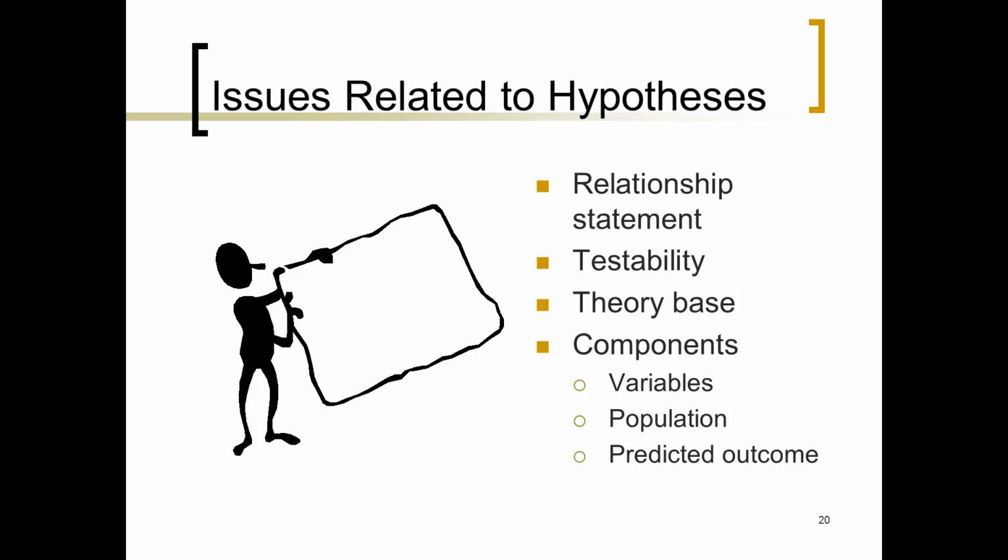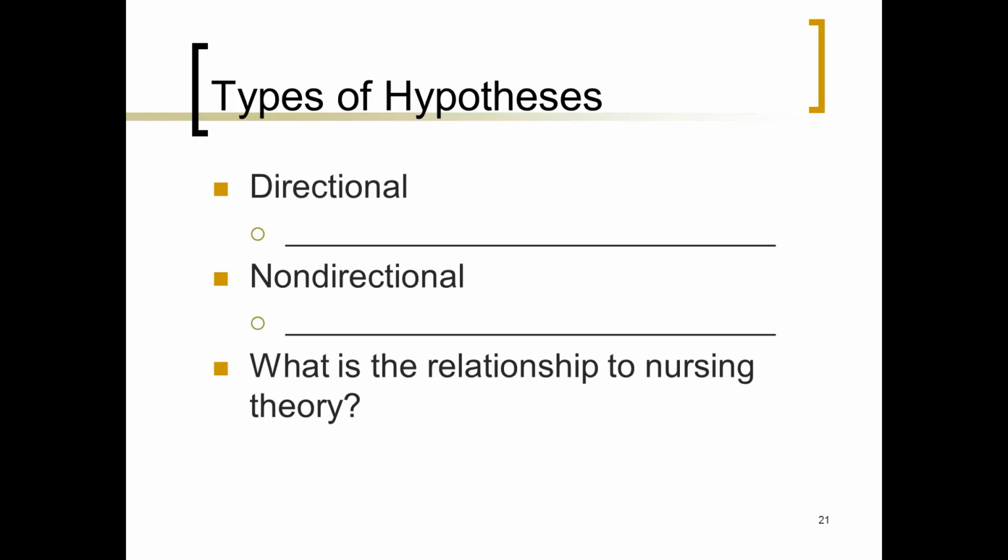Could be educational theory, but it's very helpful to study theory, and it helps provide direction, and we'll talk about that another time. Once again, the components are the variables, the issues, who's the population, and who are you studying, and then predict what's going to happen. It says the statement that way.